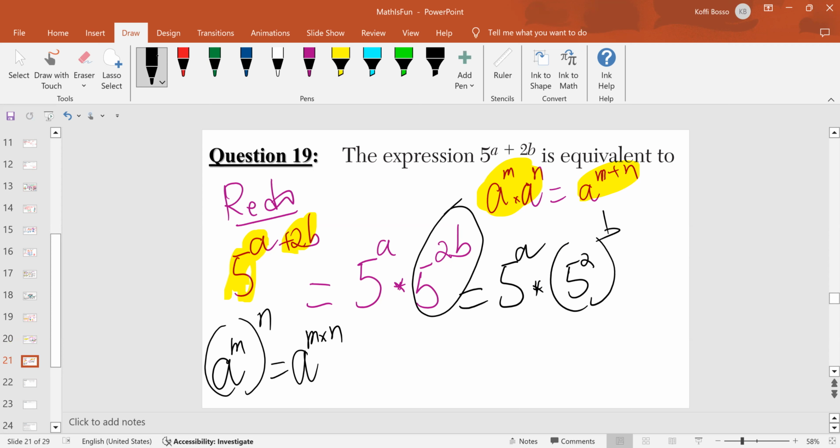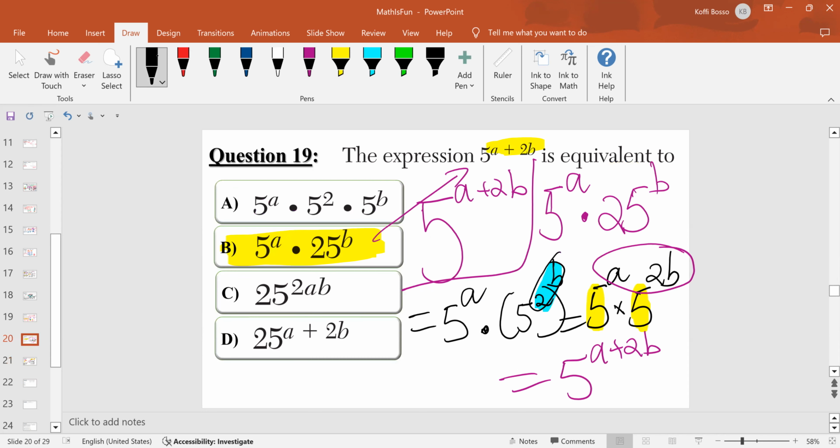So if I have a 2b, which is 2 times b, I can rewrite it as this raised to this. That's what I did here. Therefore, we have 5 raised to a times, what I have in the bracket is 5 times 5, which is 25 raised to b power. And then, like I said before, this is the b here, the twice b.